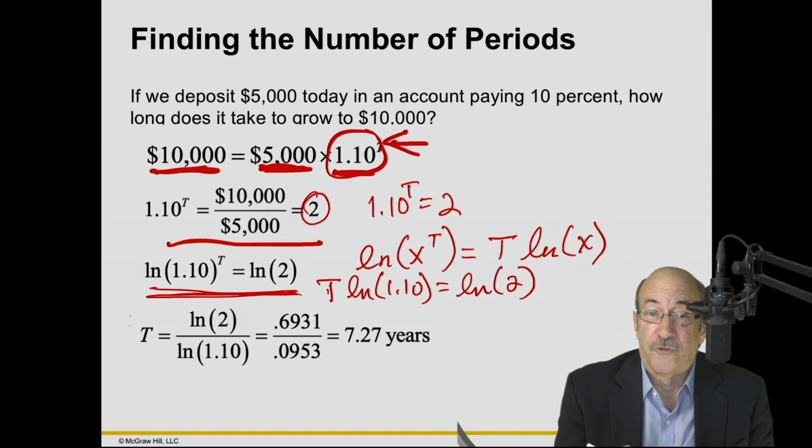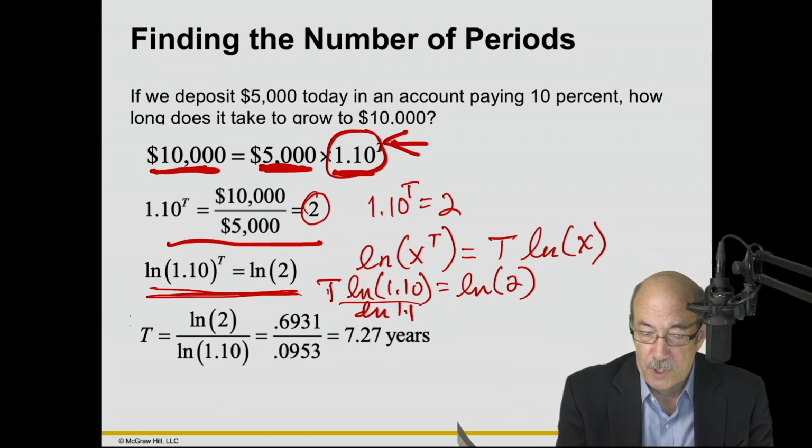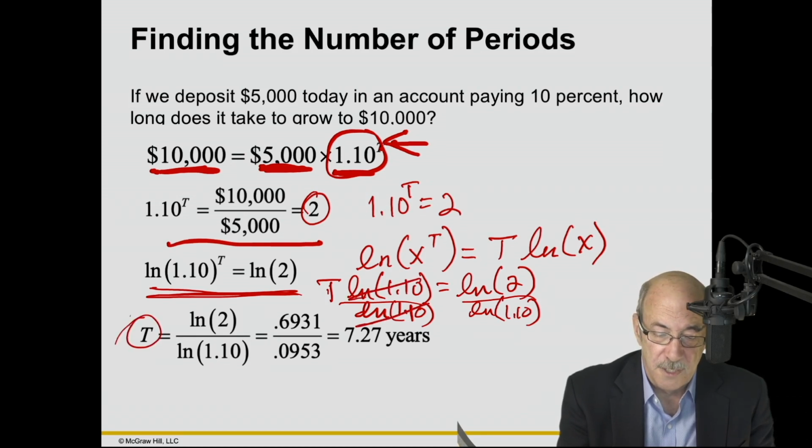Now we divide both sides by the natural log of 1.1. This cancels out, and we're left with t by itself on the left-hand side, and then we've got this.